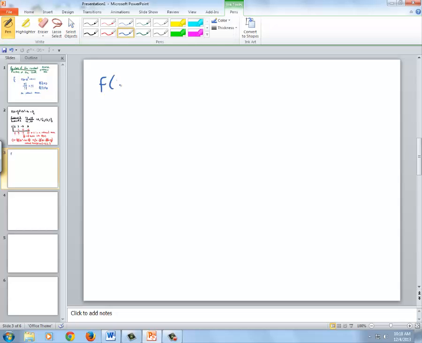Here's our f of x. And our f of x equals 10x to the third minus 15x squared minus 16x plus 12. And hopefully you're thinking, oh man, factors of 10, factors of 12, goodness. Well, guess what?